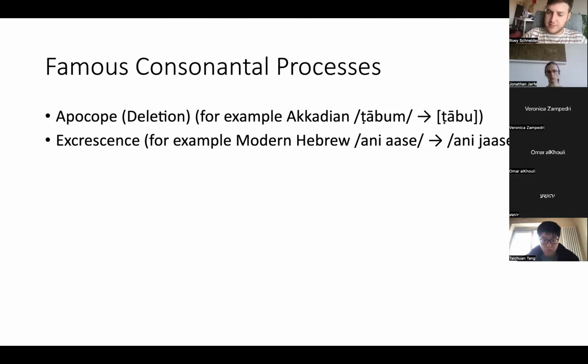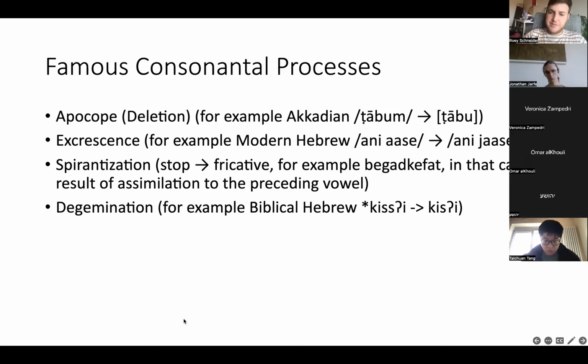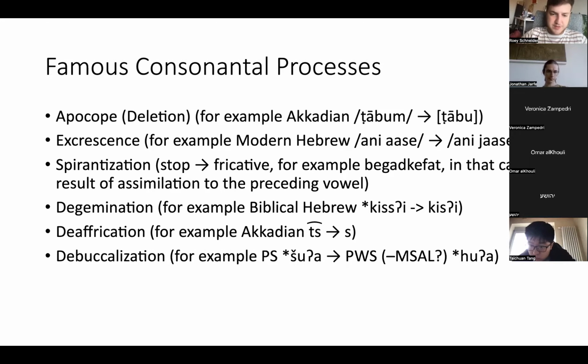excrescence, which is the epenthesis of a consonant, spirantization, the change from stop to fricative, degemination, or simplification of a geminate, deaffrication or simplification of an affricate, and debuccalization, that usually means change from a consonant that has a place to a consonant that does not have a place, meaning a consonant that is either labial or coronal or dorsal, which turns into a glottal or something like that.